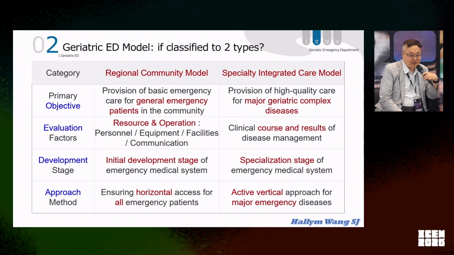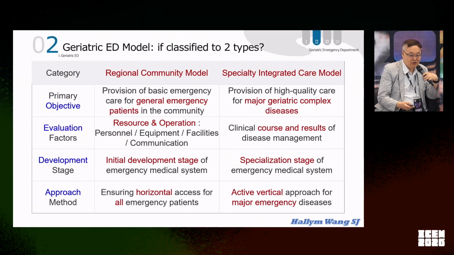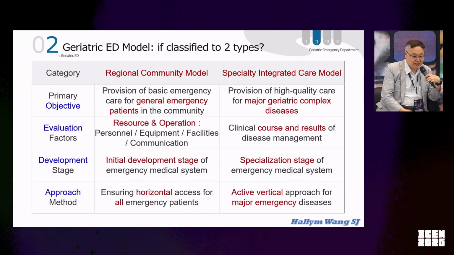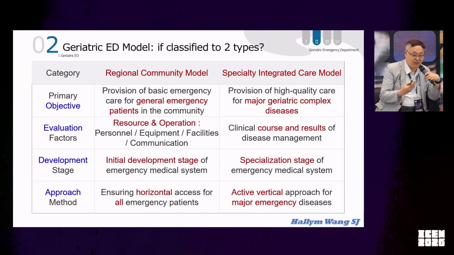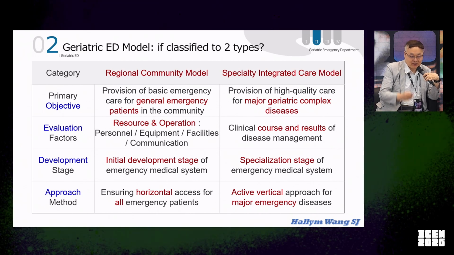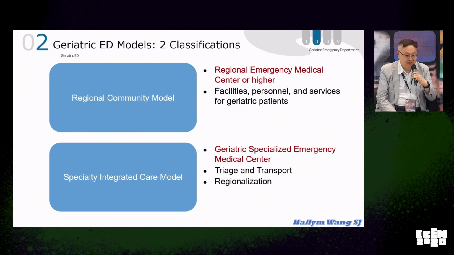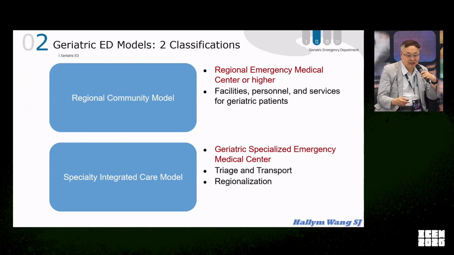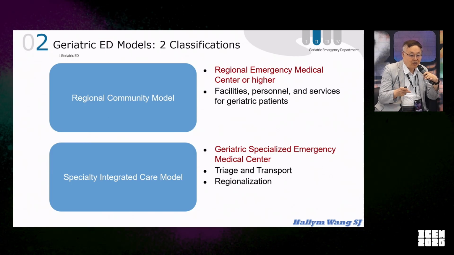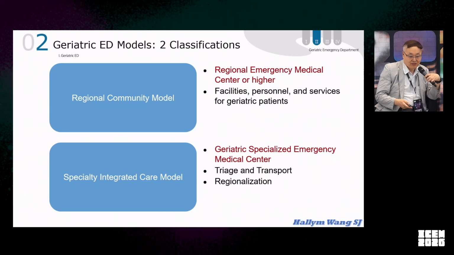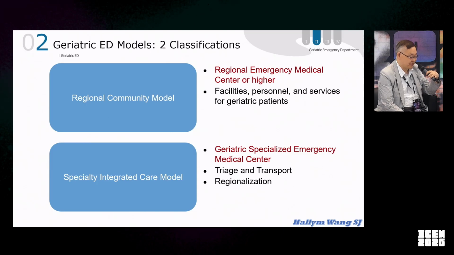The community model's evaluation factors are resource and operation. So as you see, the approach of the regional community model is horizontal, but the specialty integrated care model is vertical. The regional community model is applied to a regional emergency medical center or higher, but the specialty integrated care model can be applied to a geriatric specialized emergency medical center.